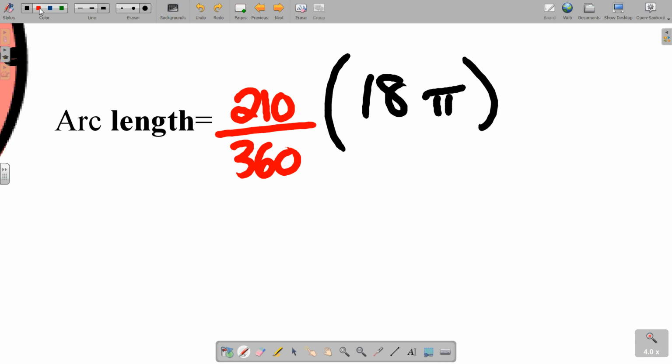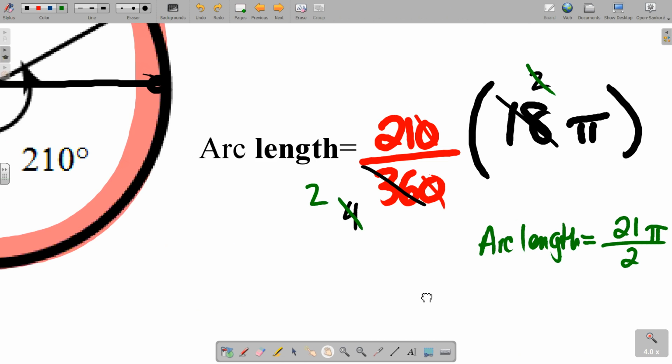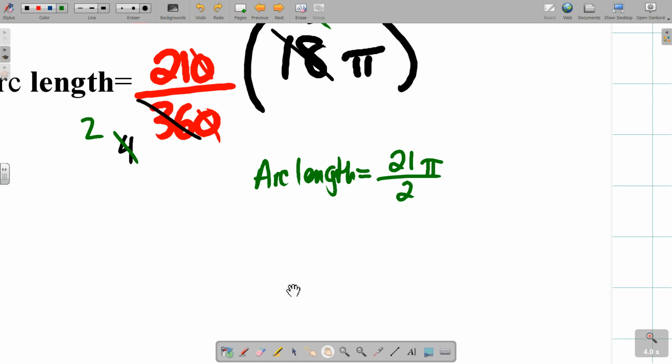Watch carefully. I can kill the zeros. 9 goes in there twice. 9 goes in there 4 times. That's also 1 and 2. And my final answer is going to be 21 over 2 pi, check units, kilometers.